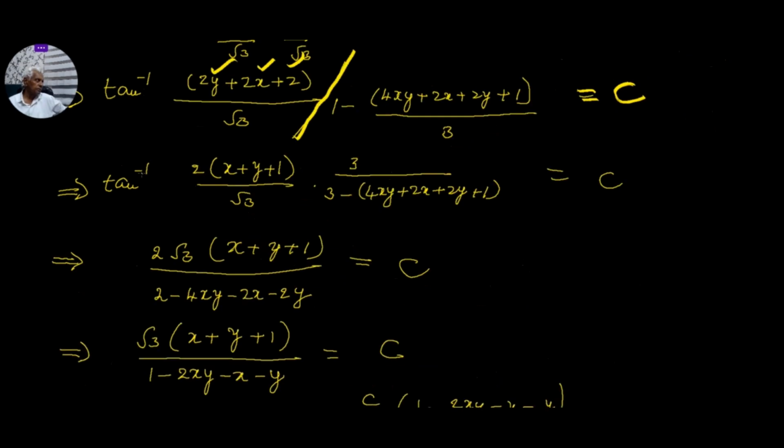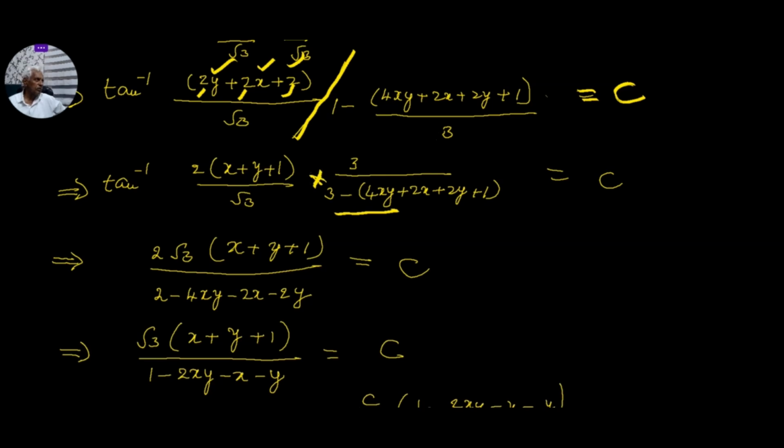Now tan inverse, 2 times (x plus y plus 1) by root 3, that comes so common outside, divided by, oh my God, multiplied by 3 minus (4xy plus 2x plus 2y plus 1), this will be in denominator because this division has become multiplication.